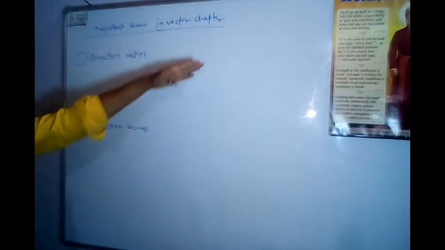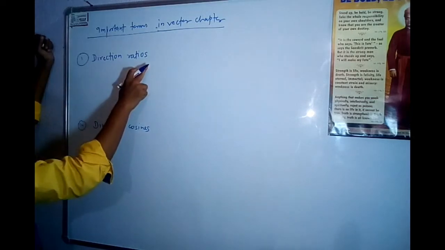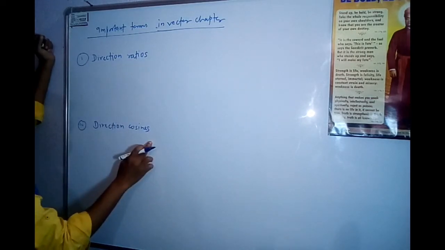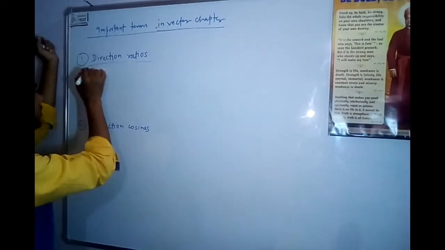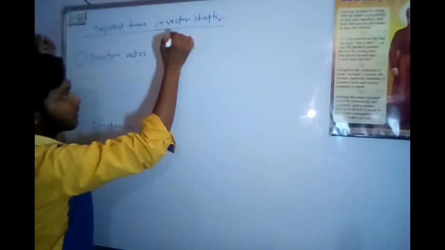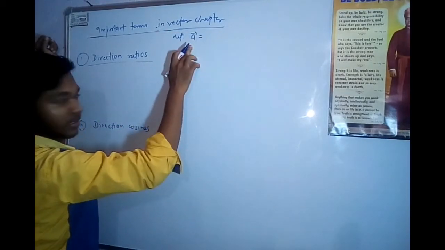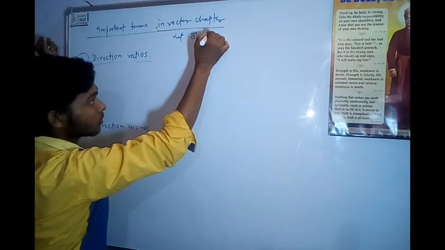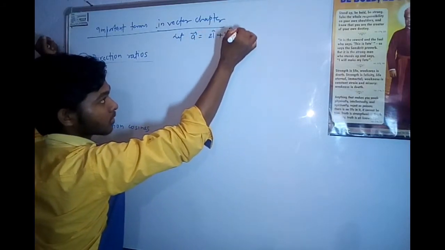In the vector chapter important terms are first direction ratio, second direction cosine. So direction ratios of any vector, let's say a is a vector, a equal to 2i plus 4j plus k.